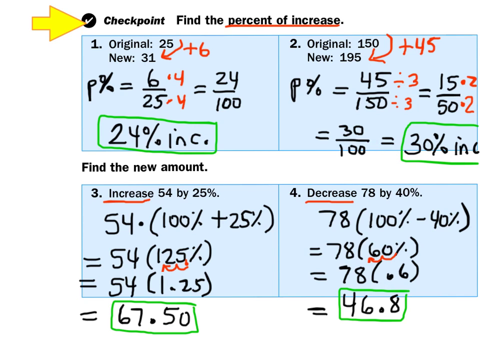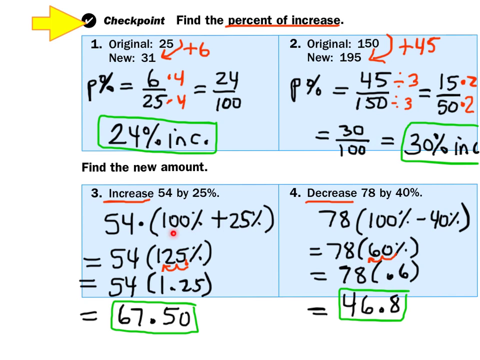Okay, to find the new amount, we want to figure out the increase if we increase 54 by 25%. Well, remember, increase means it's going to go up, so I'm going to add. So I take my original, 54, that's the 100%, plus I'm going to add an additional 25%.